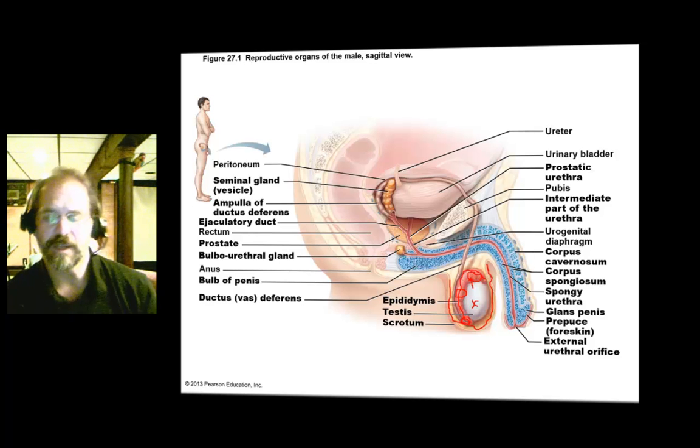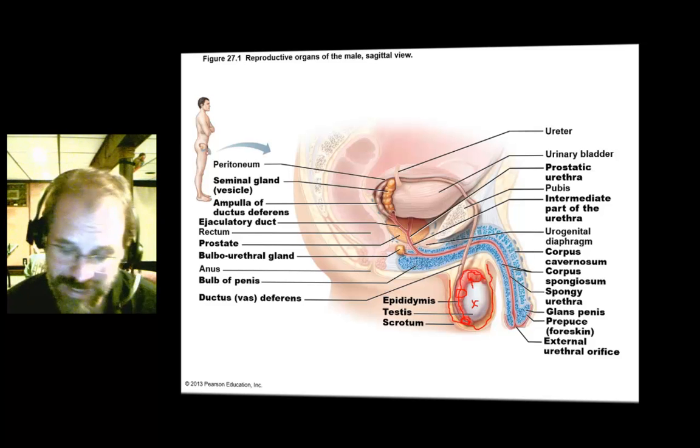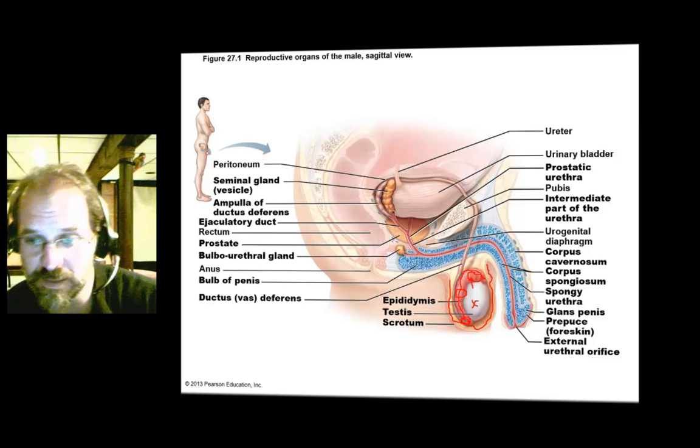It is in the tail of the epididymis that the sperm actually are mature. They're called capacitated in the tail of the epididymis. If you were to extract spermatozoa from the tail of the epididymis, you could actually fertilize an egg in vitro with them. Whereas if you were to take sperm from the head of the epididymis, they would not be able to fertilize an egg.